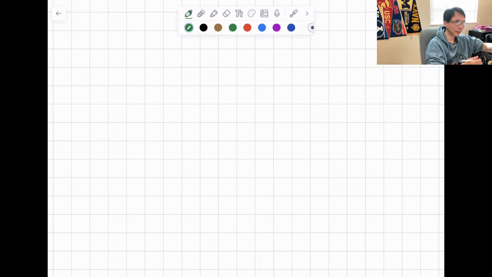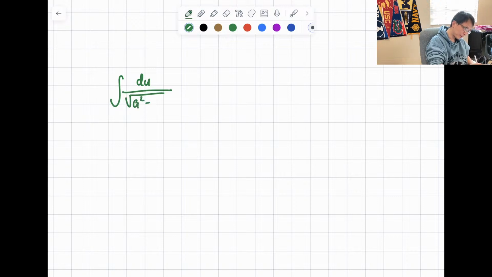So first of all, what is the integration of du over square root of a squared minus u squared? What does that look like from yesterday's lesson? Sine. Yep, arcsin of u over a plus c. So that is the integration of this.